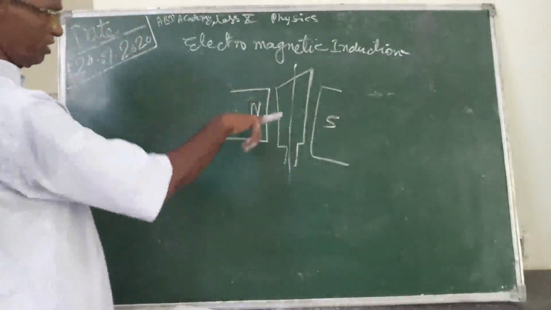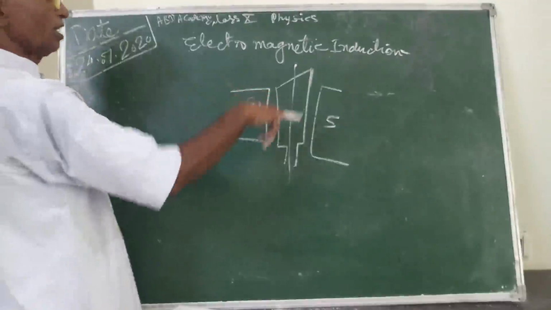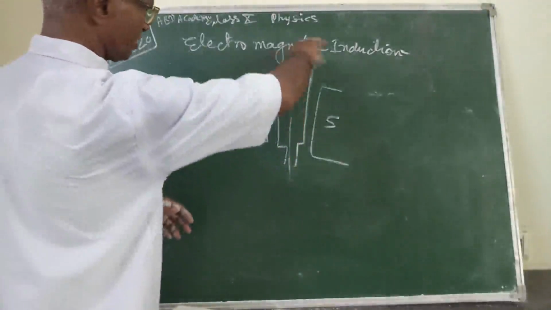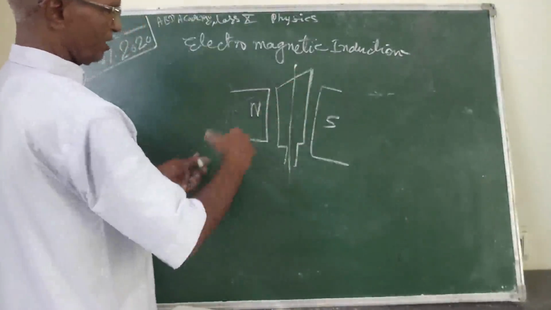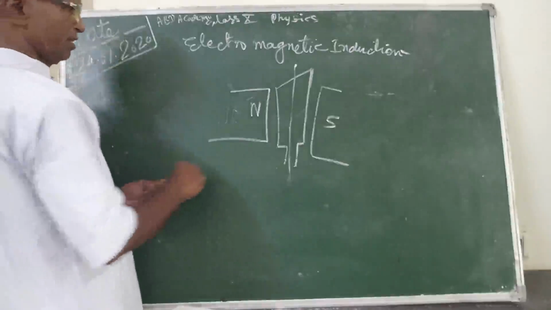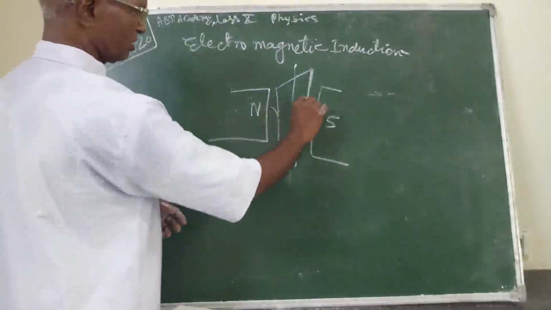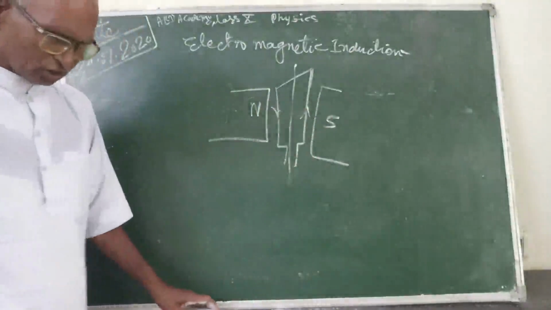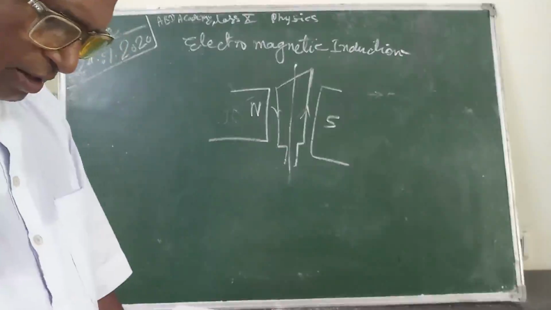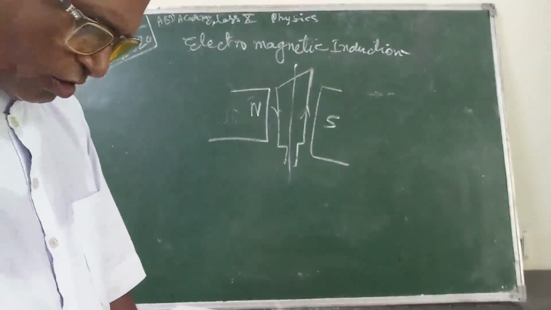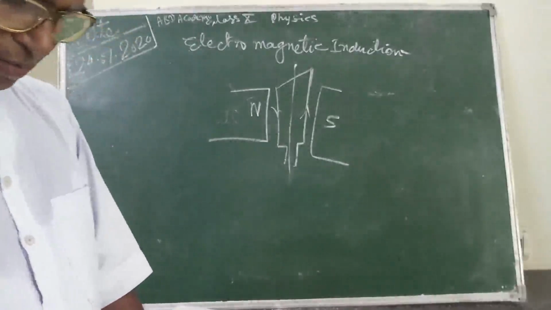The field is here according to the right hand rule, and if the coil is rotated clockwise, then the current will be in this direction, here in this direction. This law was given by Michael Faraday, and it is very important for the production of electricity in modern days.